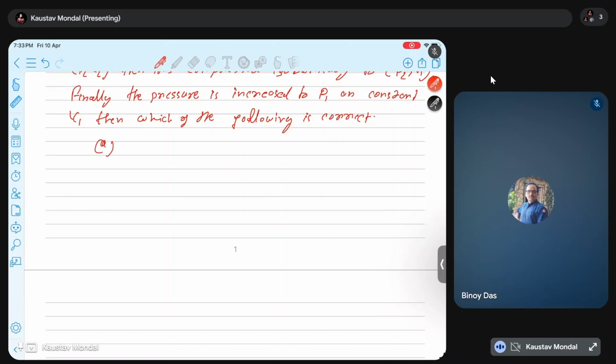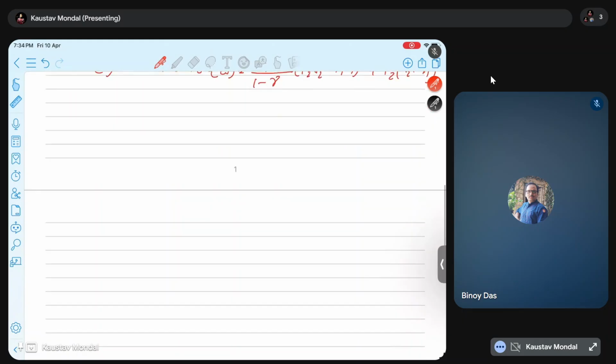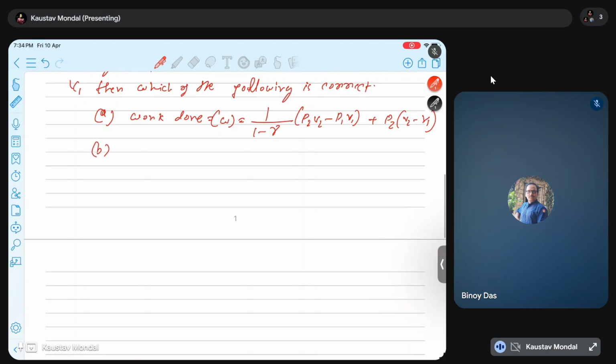Statement A: the work done during this process is equal to 1 by 1 minus gamma into V2 minus V1 plus V2 minus V1. Statement B is heat will be absorbed in the isochoric process.